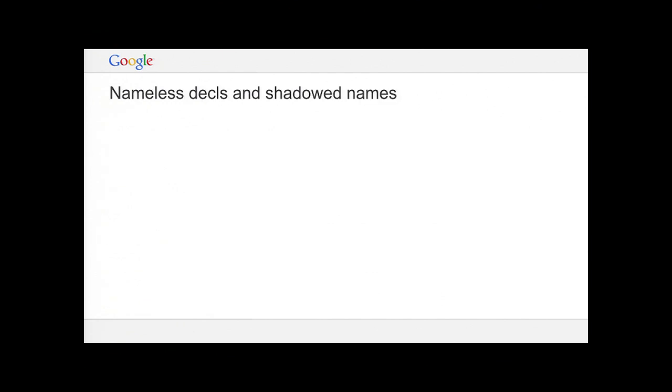In Clang, we have to be able to give names to nameless declarations, like anonymous structs, and also shadowed variables. We want these names to be consistent, such that if you rerun the indexer tool on the same source file, you should get the same names out so you can do later analysis on them.